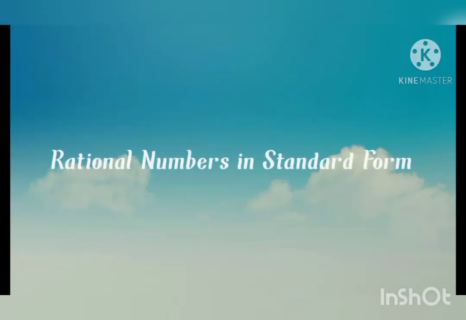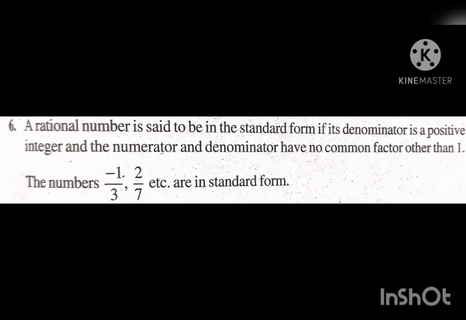Rational numbers in standard form. A rational number is said to be in standard form if its denominator is a positive integer and the numerator and denominator have no common factor other than 1. The numbers minus 1 by 3 and 2 by 7 etc. are in standard form.